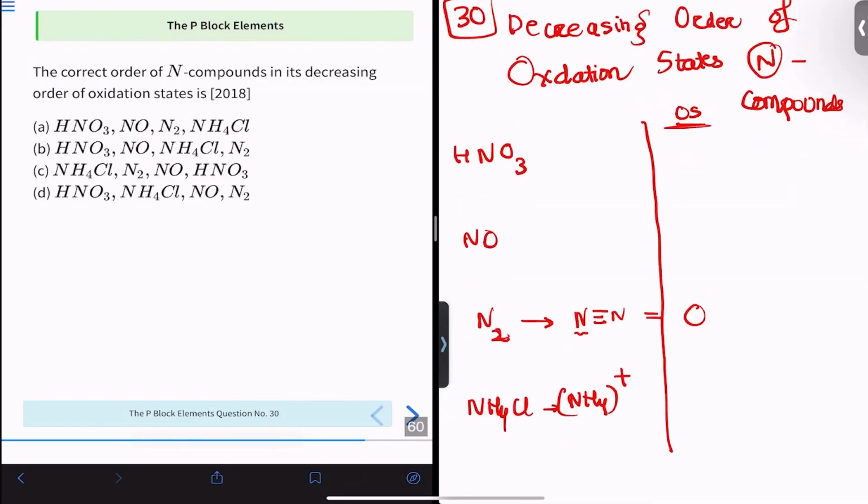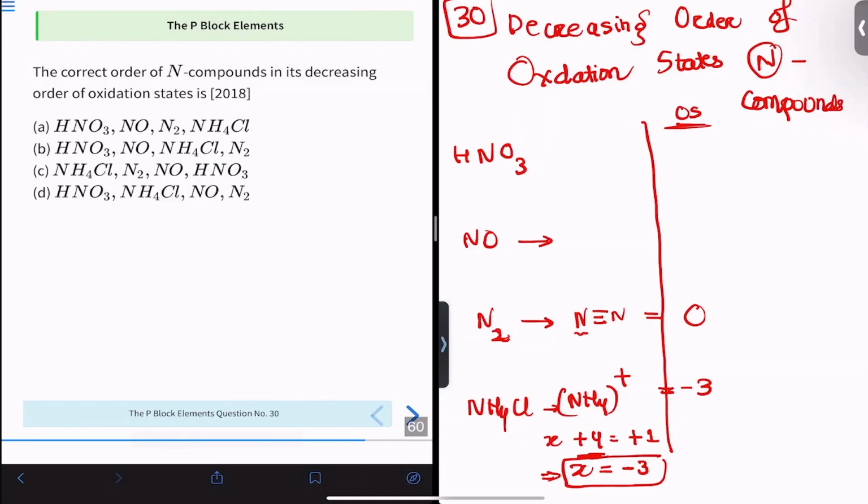If I assume the oxidation state of nitrogen to be X, then X + 4 is equal to +1. Did you understand where the +4 came from? +1 is the oxidation state of each of the hydrogen atoms. So the oxidation state of nitrogen will be +1 minus 4, which gives -3. So the oxidation state of nitrogen here is -3.